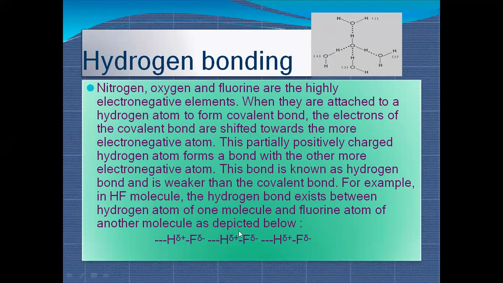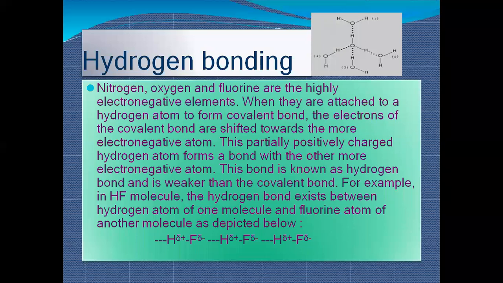These dashed lines show that this is a weaker force, developed by the influence of the negative charge of the electronegative elements and the positive charge of the positive elements. So this is a kind of temporary bond in which no electron transfer is there and no electron sharing is there. They are just influenced by the opposite charge of both the elements.